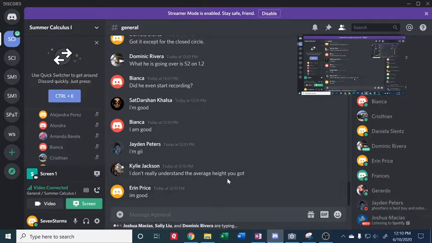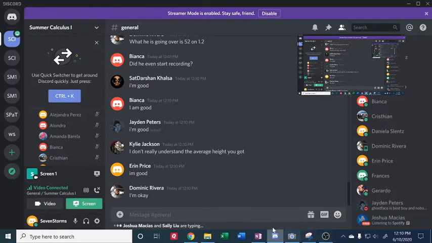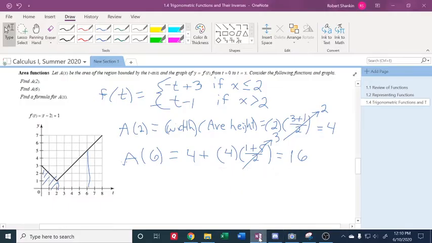Average height. All right, let me go through that again. On this second rectangle, let me go to a green color here. The height of this point, you can find by looking over here, is 1. The height of this point, we go across, is 5. So the average height, you just average two numbers by adding them together and dividing by 2. 1 plus 5 is 6, divided by 2 is 3.